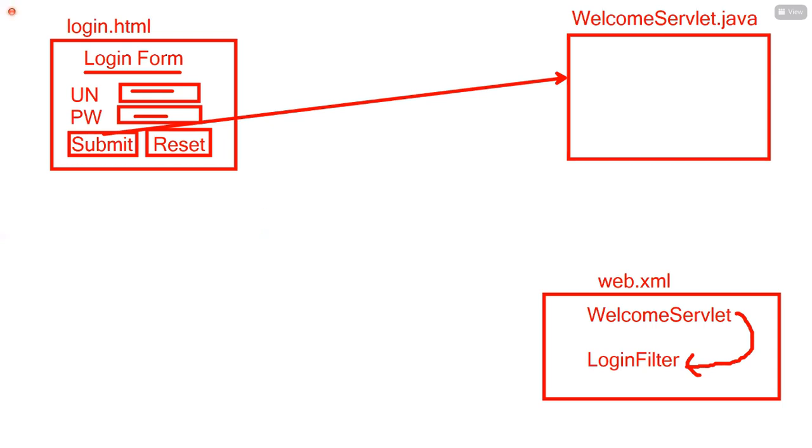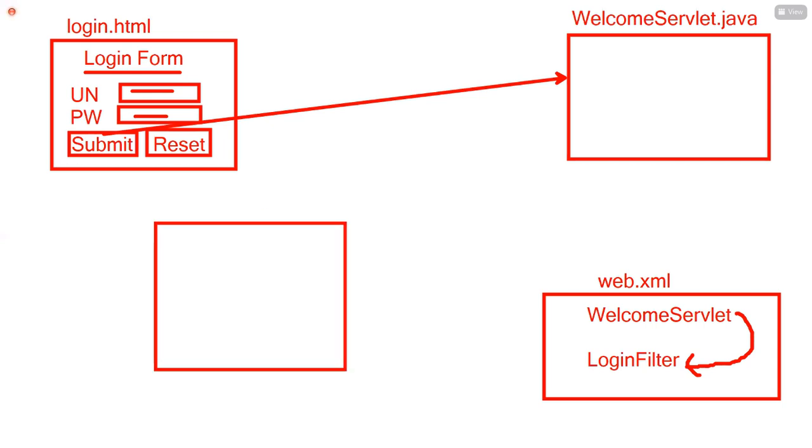I'll write here. Here login filter. It is login filter. Now observe, when you click on the submit button, control comes to the welcome servlet. What I have written here: whenever a request comes to the welcome servlet, divert the control to the login filter. Here control is diverted.